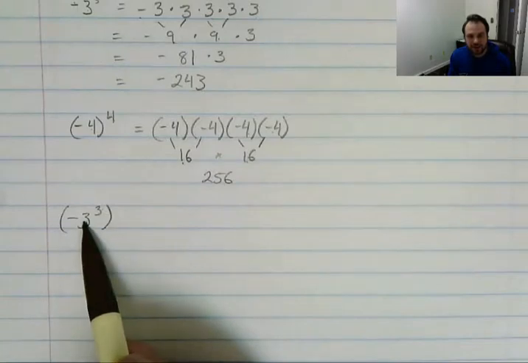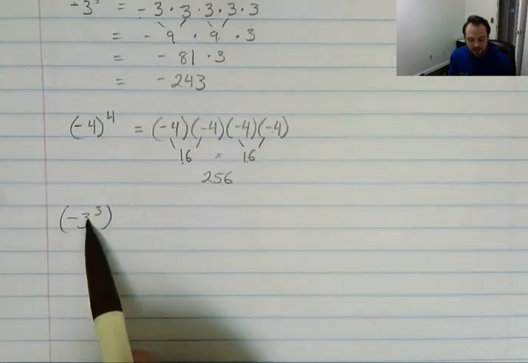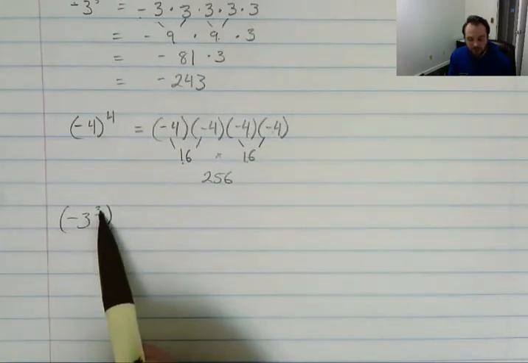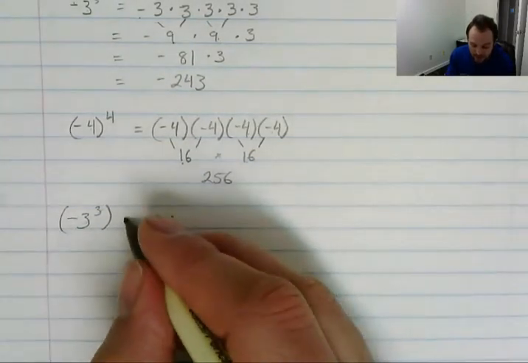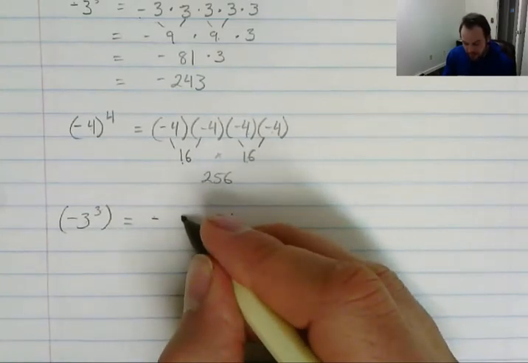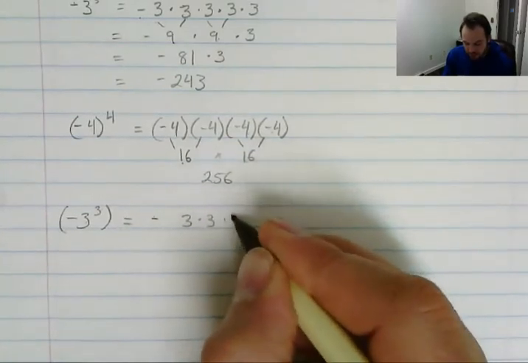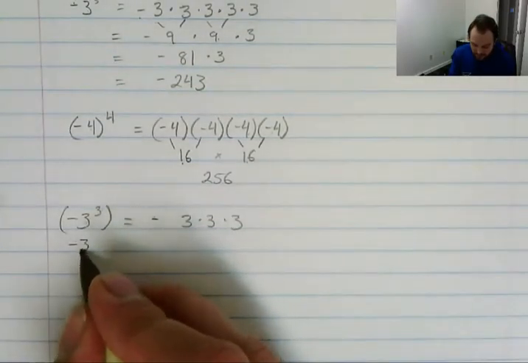This negative is also inside the brackets, but this 3 here is only being related to that 3 there. So my exponent is only related to the 3 and not the negative. So this is going to end up giving me negative, everything's going to be negative, 3 times 3 times 3. Okay? Because this is essentially equivalent to saying negative 3 to the 3.